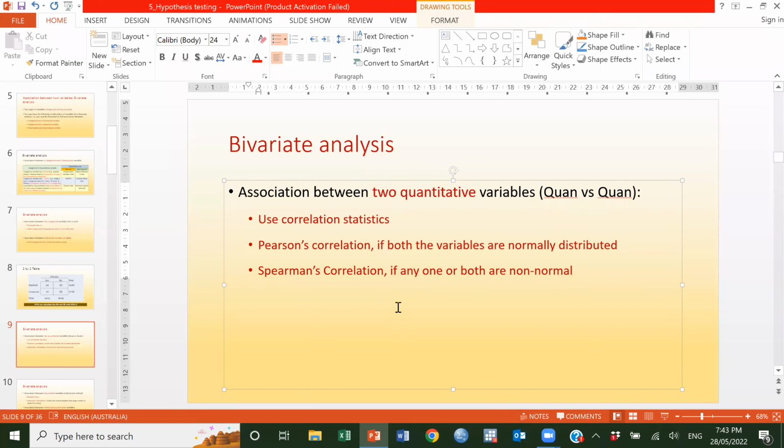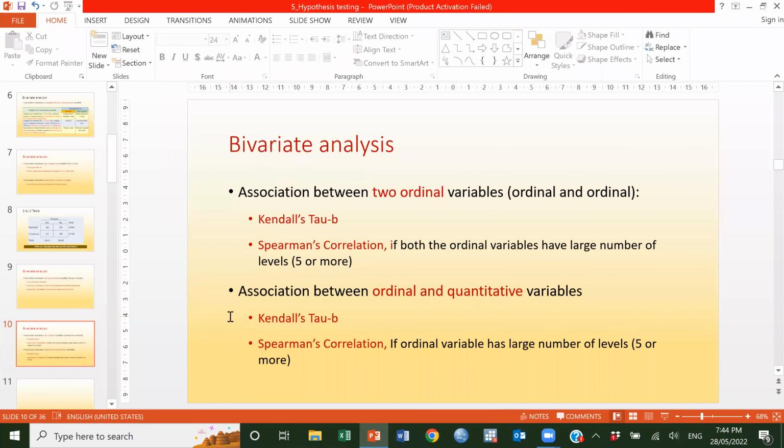Now, if both the variables are normally distributed, we shall use Pearson correlation. If either systolic or diastolic blood pressure or both are non-normal, then we shall use Spearman's correlation. Is it clear up to here? Yes, sir.